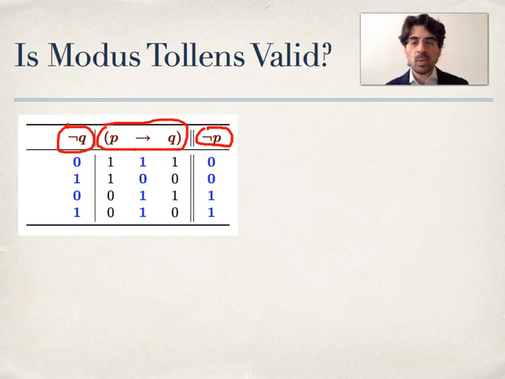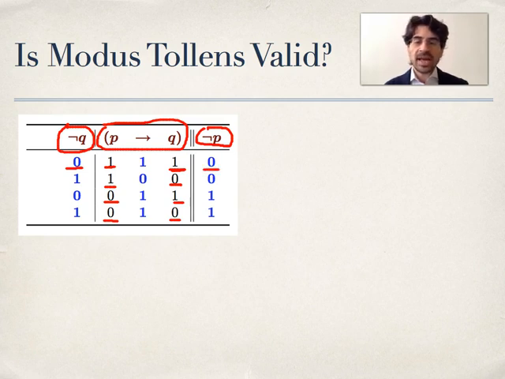So we can assign 1 to both P and Q. We can assign 1 to P and 0 to Q, we can assign 0 to P and 1 to Q, or we can assign 0 to P and 0 to Q. Whenever we assign 1 to P and Q, we need to assign 0 to not Q and 0 to not P.